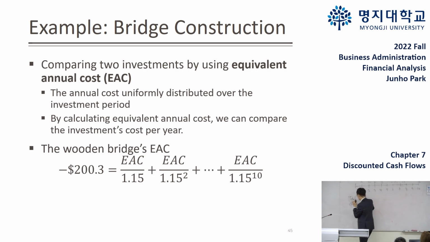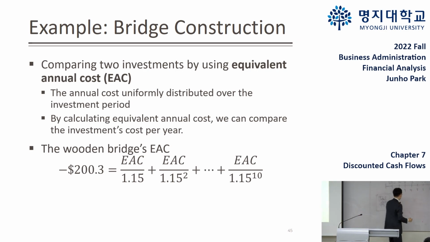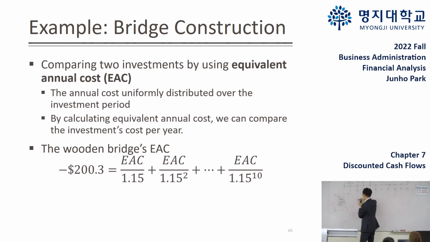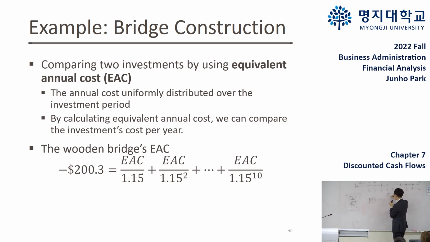And here the equation to get this unknown number is that the net present value of this cost to be paid should be the same as the total cost we have. And therefore, first we have to calculate the project's NPV, and we are going to distribute it over the investment period, and we discount each of the costs depending on the time.